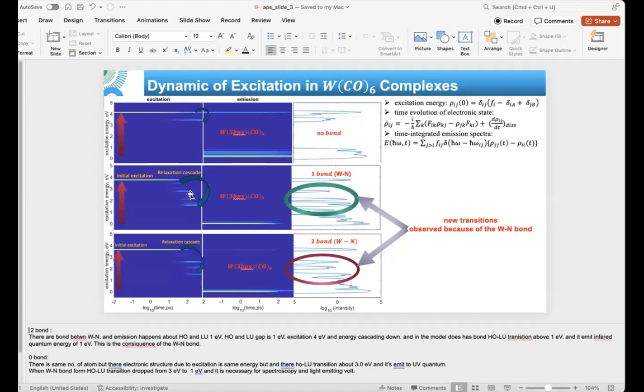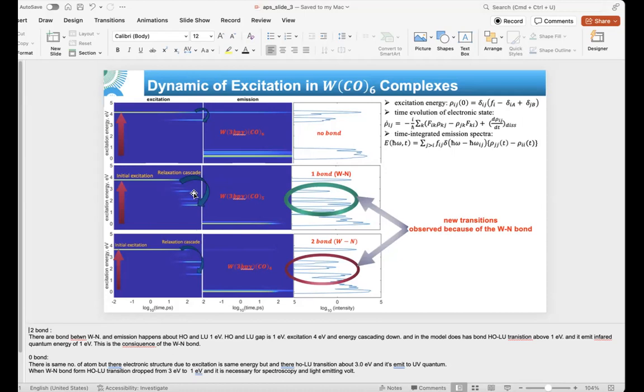So here we can see, from the emission, the bright transition near almost 0 electron volts.